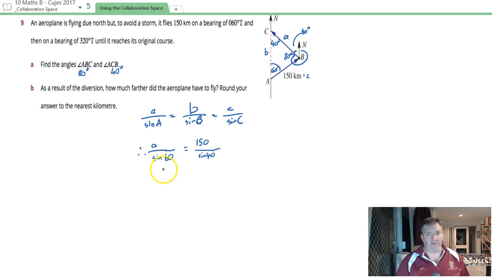So to get A on its own, obviously the opposite of dividing by sine 60 is to multiply. So I've got A is going to be 150 sine 60 divided by the sine of 40. We need to find what that's approximately equal to.